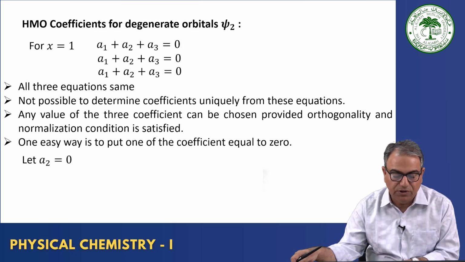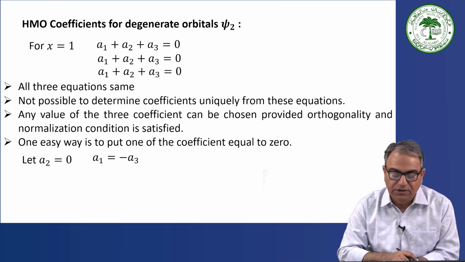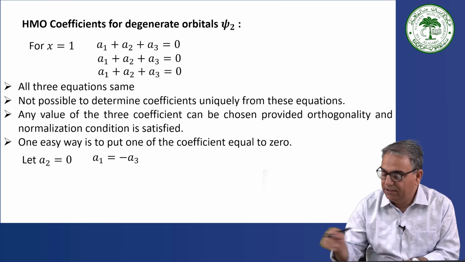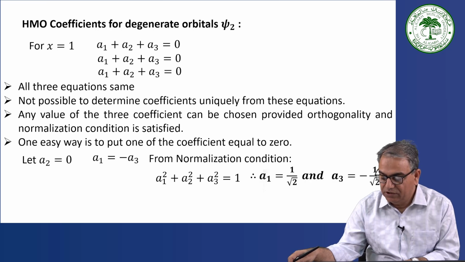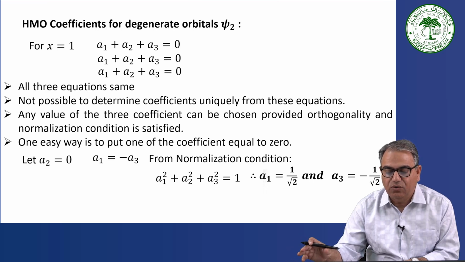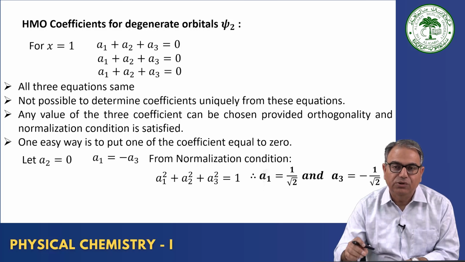And if I put a2 is equal to 0, then from the equations, a1 is equal to minus a3. And from the normalization condition, a1 square plus a2 square plus a3 square, with a1 equal to minus a3, it will be a1 is equal to 1 by root 2 and a3 will be equal to minus 1 by root 2. So we have found the coefficients of a1 and a3 putting a2 is equal to 0.